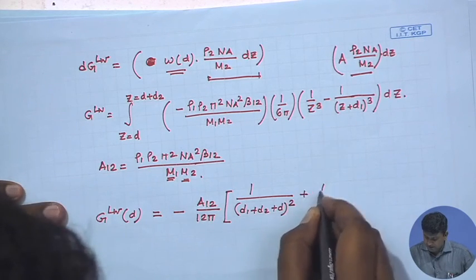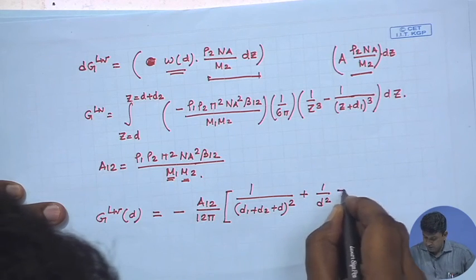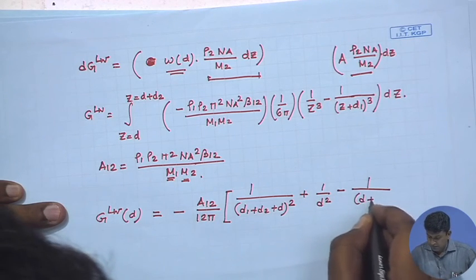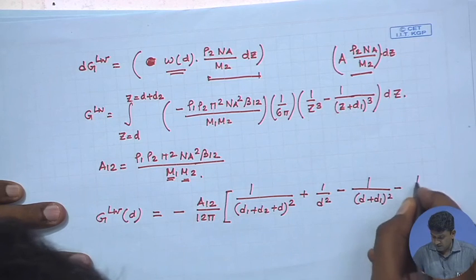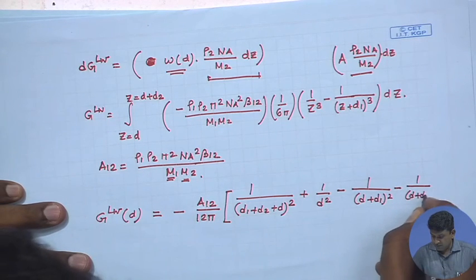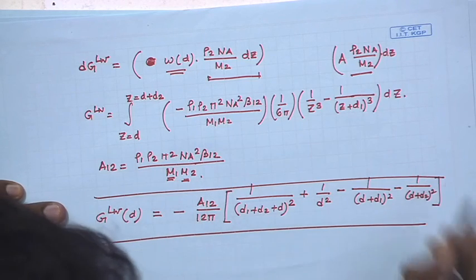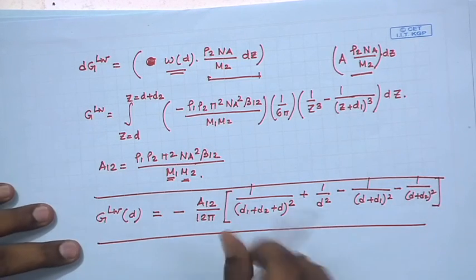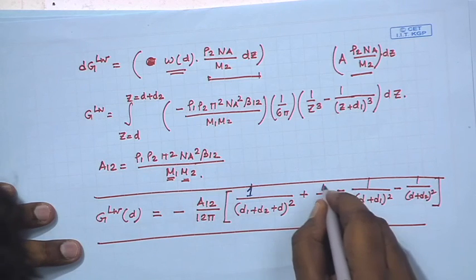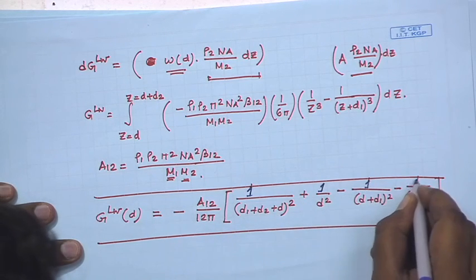It is a simple integration, but please do it. D plus d1 whole square minus d plus d2 whole square. So, that is the expression of the van der Waals interaction between two surfaces.